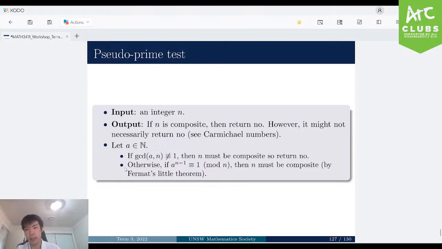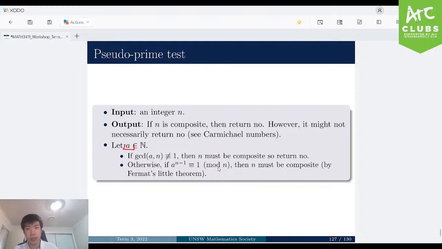All right, so the algorithm is you first check if some arbitrary base a that you choose is coprime to n. If it's not, then n must be composite, right? That means n and the base have a common factor, which means n isn't prime. Otherwise, you can have a look at a to the power of n minus 1 and see if that is congruent to 1 mod n.